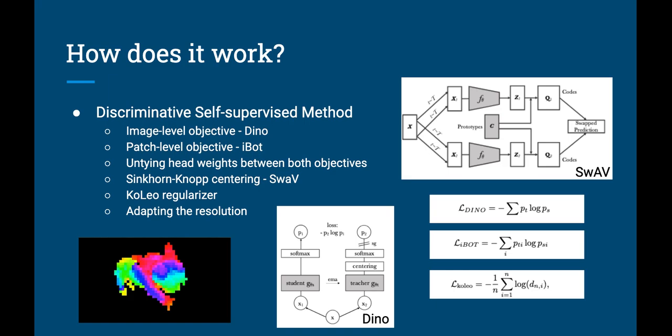But adapting resolution is another cool part of this, where we know that training on high quality images is best for performance. However, training on high dimensional or high resolution images is very data hungry.